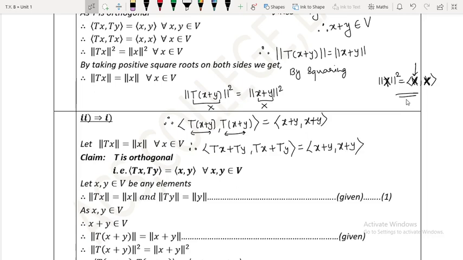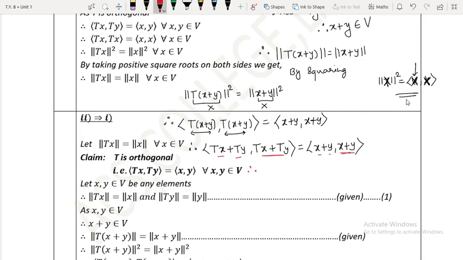Now we have to use simple properties of inner products. So first of all, I will keep this as fixed, and on the right hand side also this as fixed, and I will distribute this in the first coordinate, simply using the properties of the inner product.